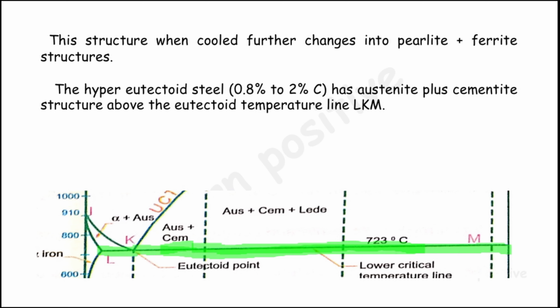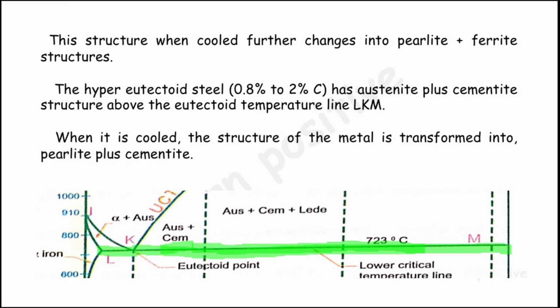After getting the ferrite structure, we are going to take hypereutectoid steel. It has solidification carbon of 0.8% to 2%, and has the austenite plus cementite structure above the eutectoid temperature line LKM. It was shown in the green line. When it is cooled, the structure of the metal is transformed into ferrite plus cementite.